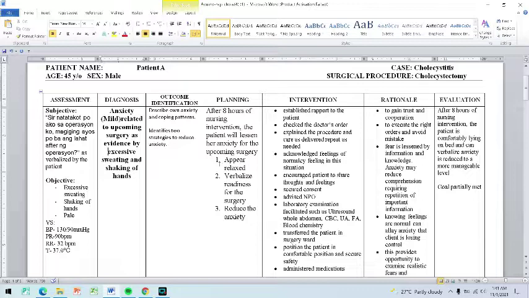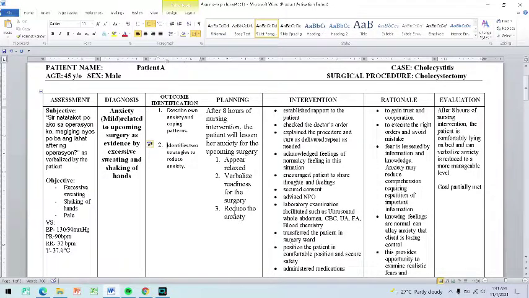So next, why did we put this plan in here? It is because this one will satisfy or answer the outcome identification number 1. And this also, number 2, will address the outcome identification number 1, and this reduce the anxiety will address the outcome identification number 2.